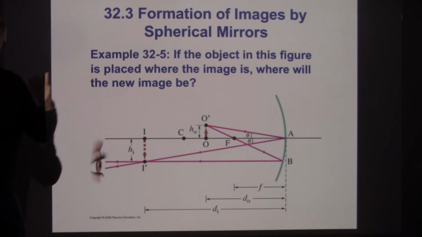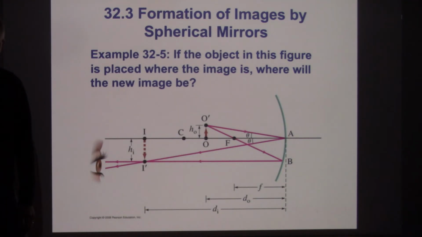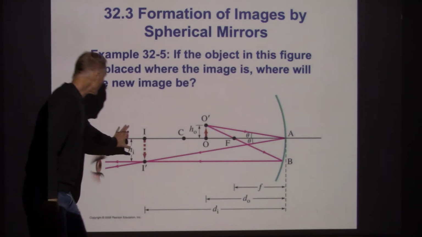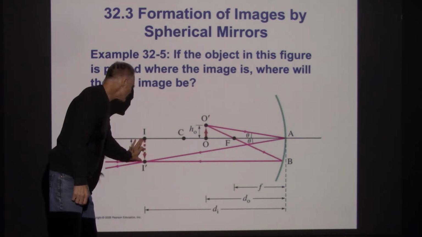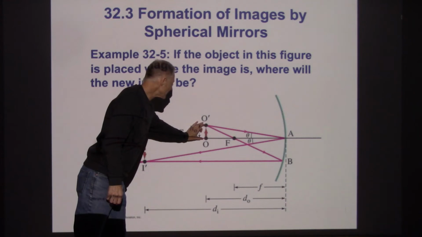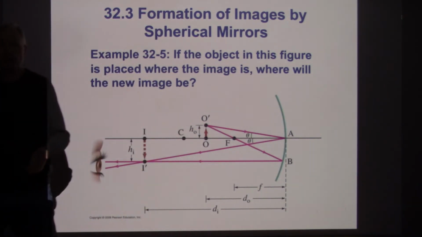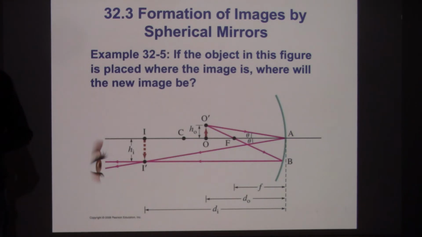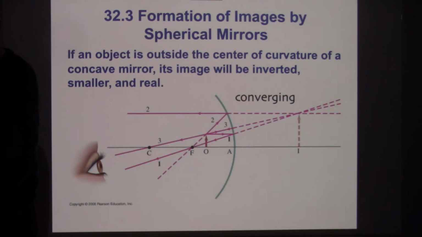Instead of the image being 3 times bigger, the image will be 1/3 as large. So I could start with an object out here of this size, and the magnification is going to be -1/3. There's still an inversion, but it's going to be 1/3 magnified instead of 3 times. So that's what happens if we switch the object and image locations.